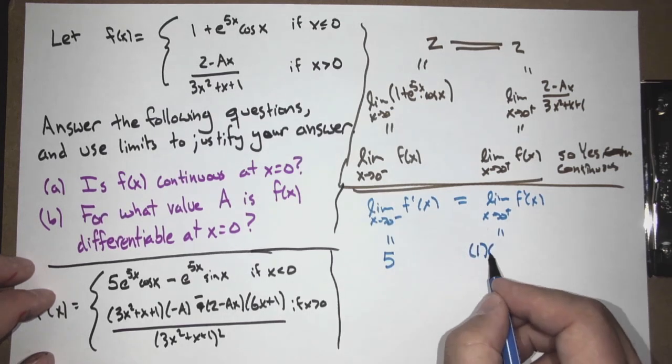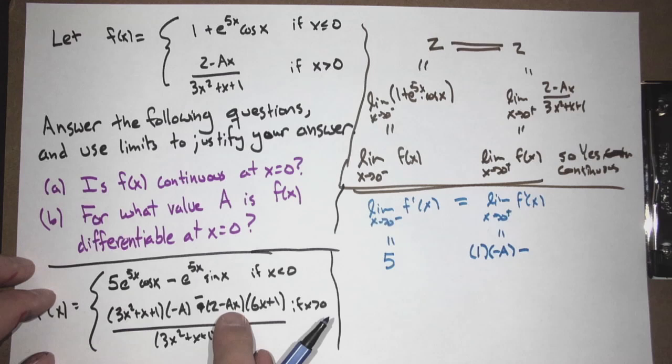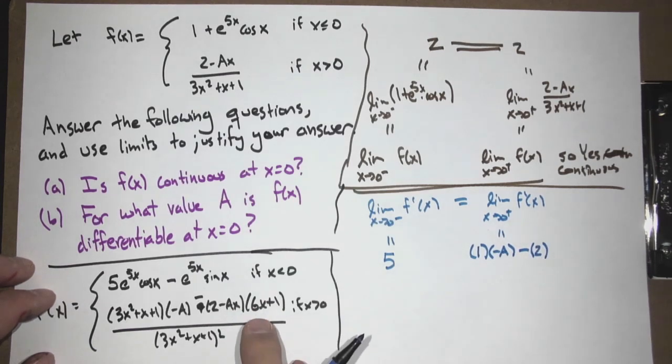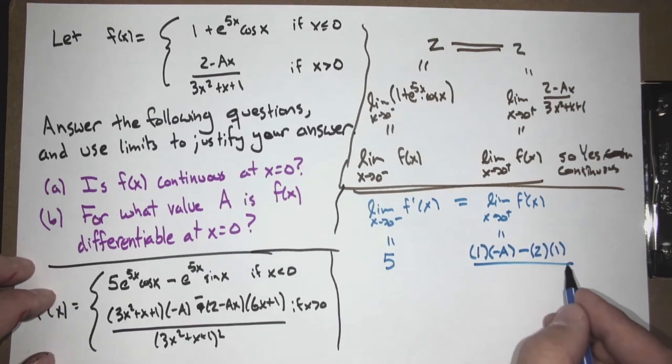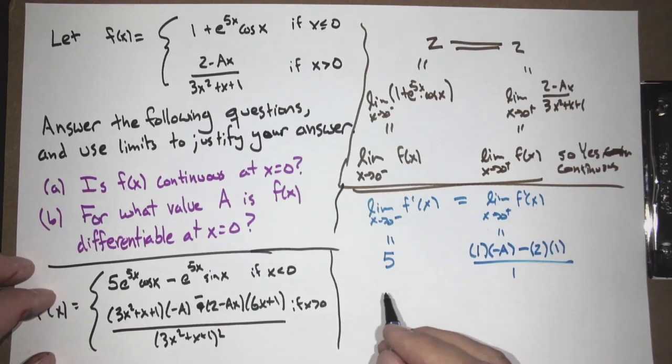Times negative a. Subtract. 2 minus 0. 2. 0 plus 1. 1. Divide by 0 plus 0 plus 1 squared. 1.